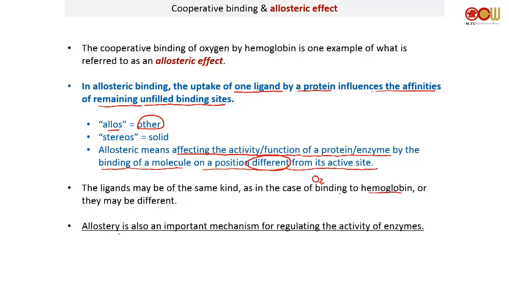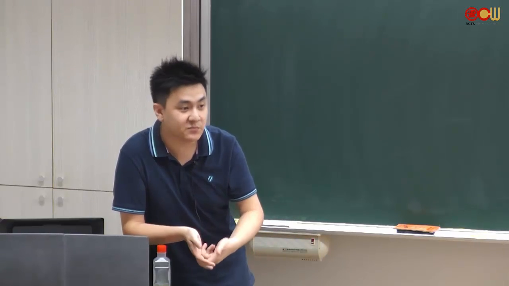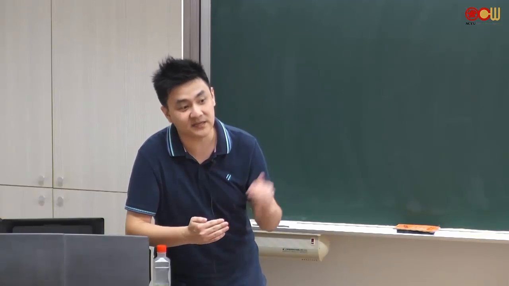So allostery is an important mechanism for regulating the activities of enzymes. This is actually very important. If you think about it, what are some mechanisms that we can use to regulate cellular activities? Regulation. For example, maybe your blood glucose is low, and after you eat something, it's going to cause a metabolic state change.